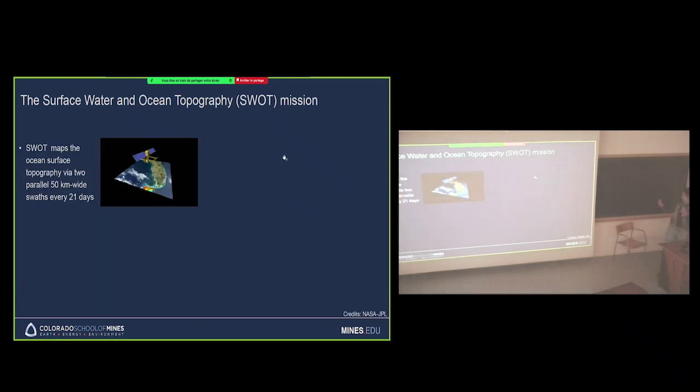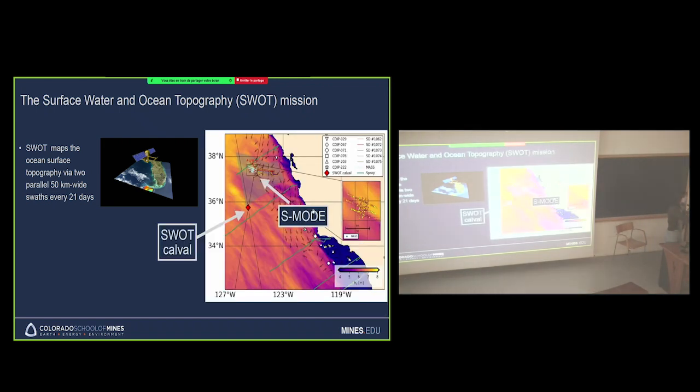For those who are not familiar with SWOT, SWOT maps the 2D sea surface height using these two parallel 50-kilometer wide swaths. And so it gives us a 2D picture of the sea surface height, SSH. And the goal of SWOT was to focus on sea surface height measurements.